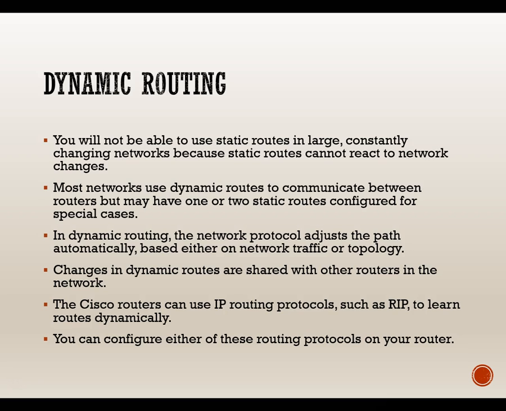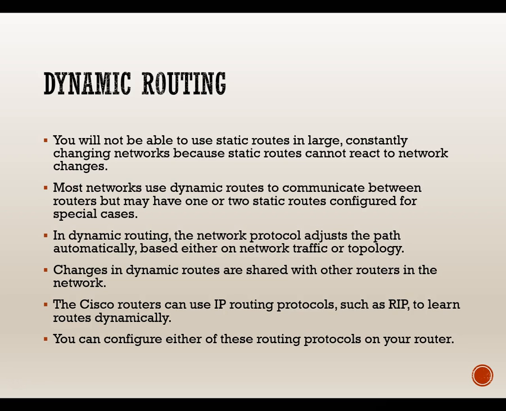Another limitation of RIP is that it can only go 15 hops. 16 is infinity. So it is limited in size as to how far that it can go. Changes in the dynamic routes are shared with the router. Something changes, we don't have to go back in and change everything in the world.